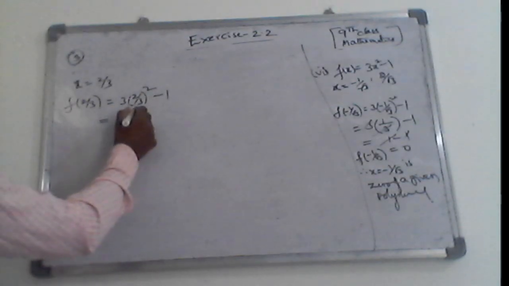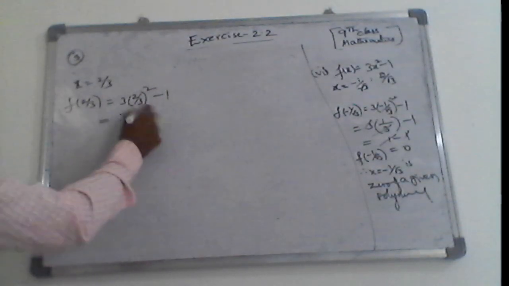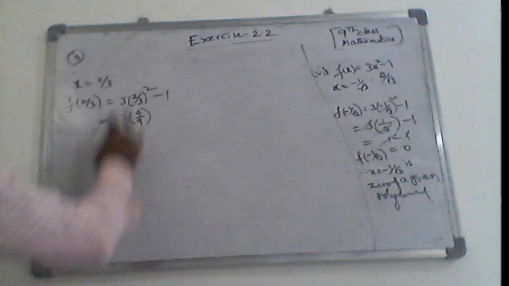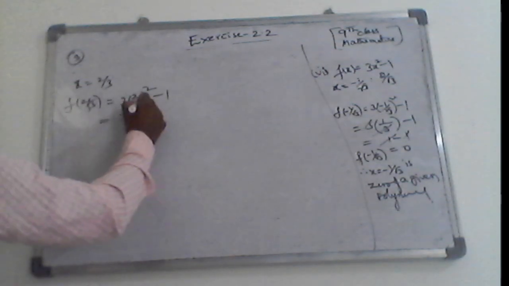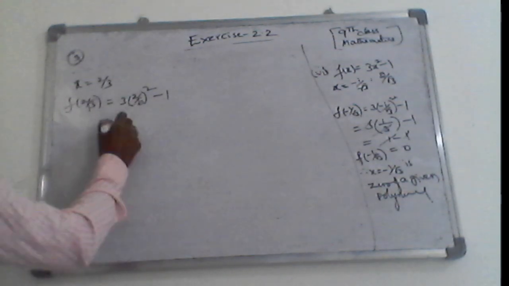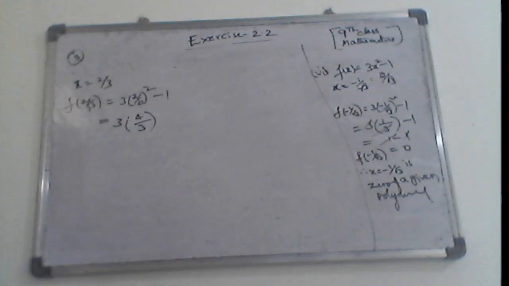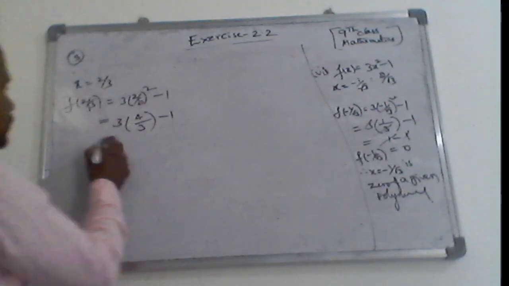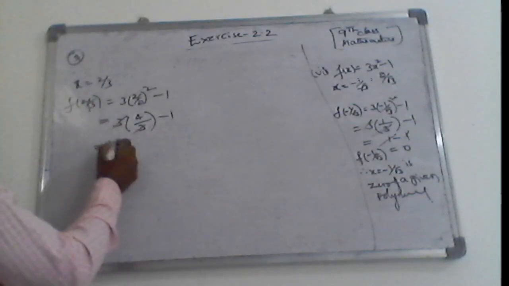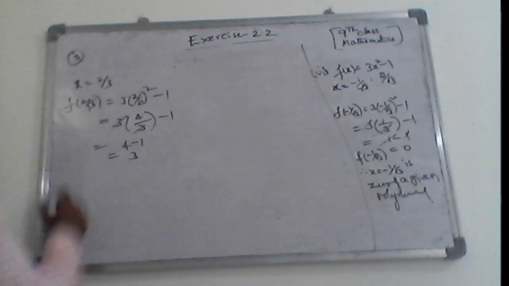So 3 into 2 square is 4 by 3, root 3 whole square is 3. The 3s cancel, so 4 minus 1 equals 3.